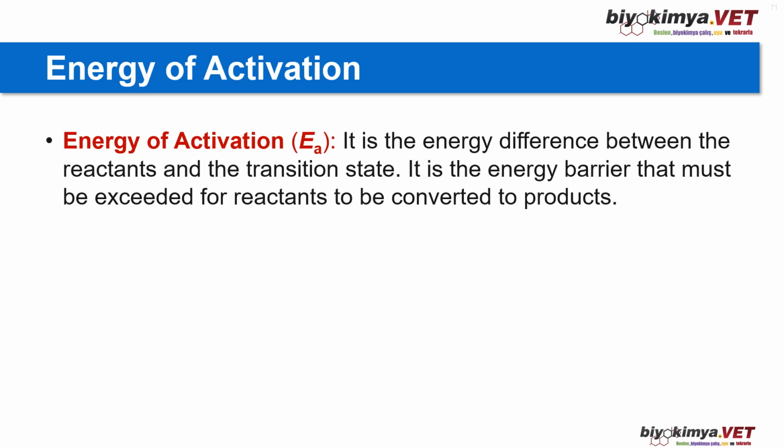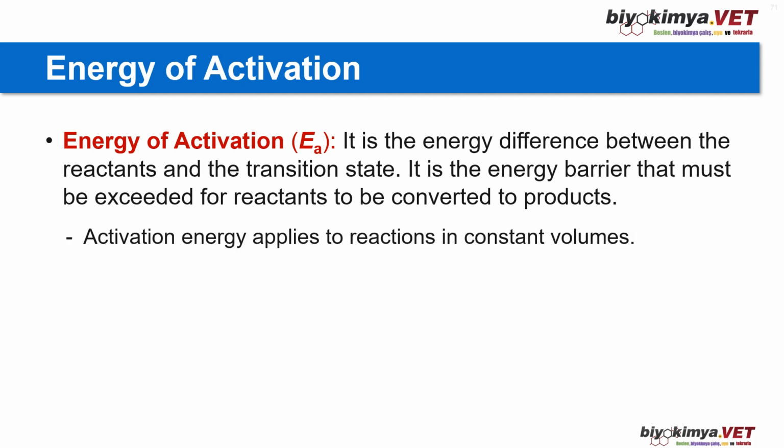Energy of activation is the energy difference between the reactants and the transition state. It is the energy barrier that must be exceeded for reactants to be converted to products. It is also called activation enthalpy. Activation energy applies to reactions in constant volumes.